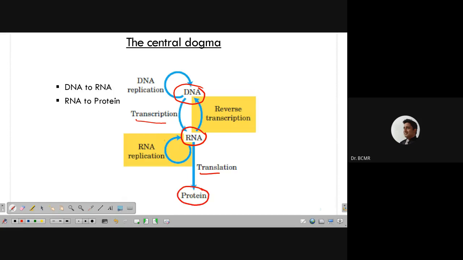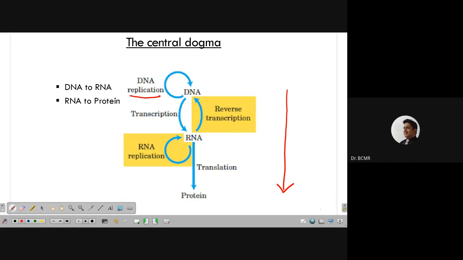Okay? There are certain other steps. One would be tempted to see this as a unidirectional flow. But there are two more things.